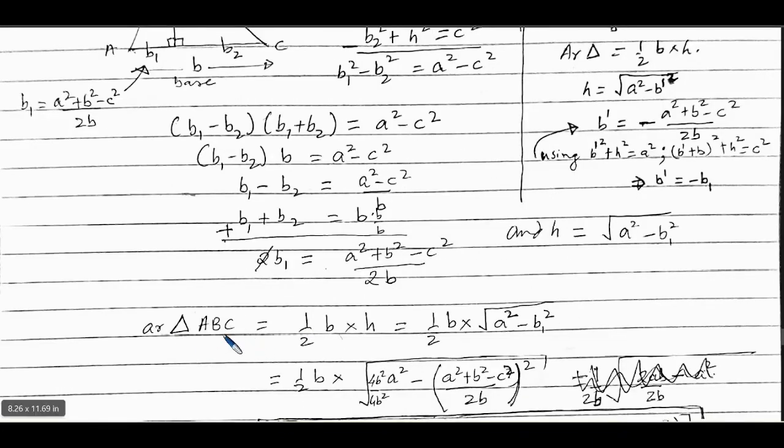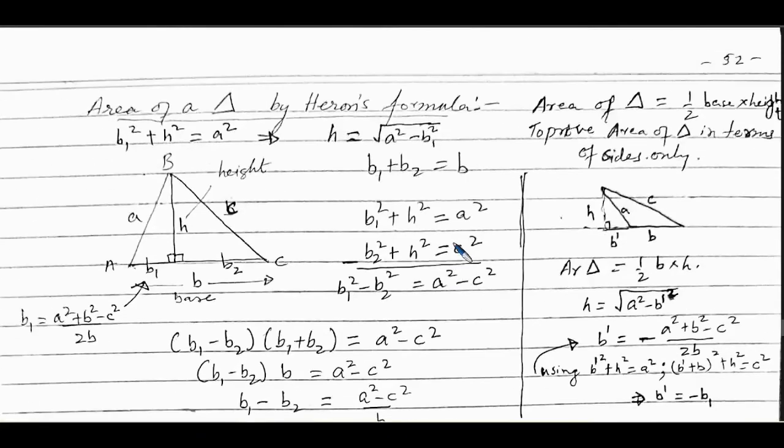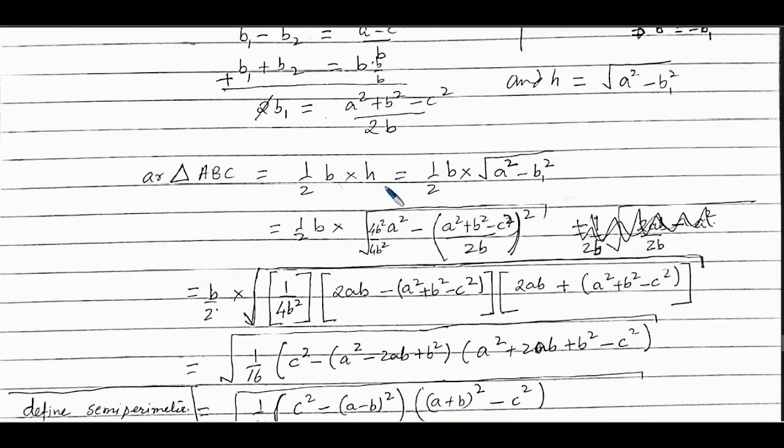So area of triangle ABC is half times base into height. Base is this b, and h we know that it is the square root of a square minus b1 square, which we have shown here. So I substitute now this h here, square root of a square minus b1 square.